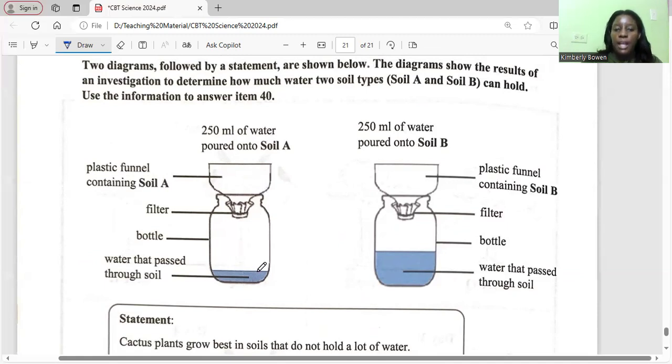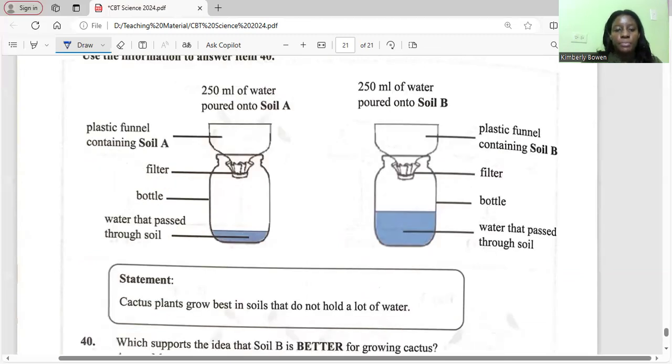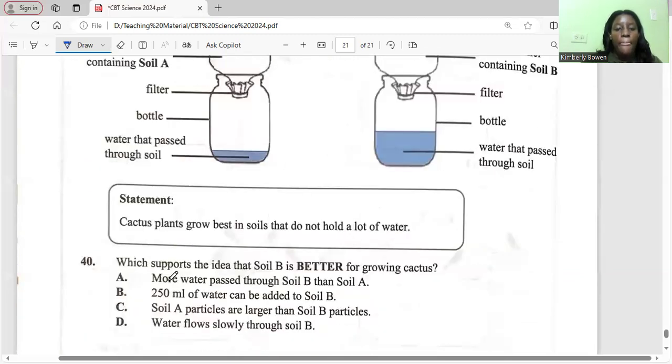It didn't let out everything, and soil B actually let out all of the water, or the majority. We see that more water passed through soil B than A. That's the correct answer.